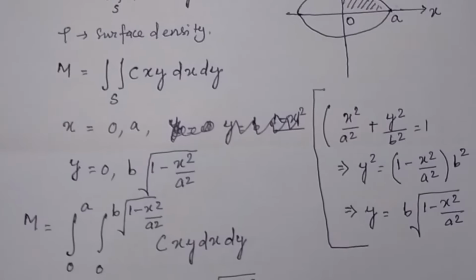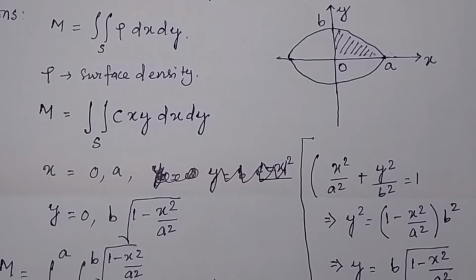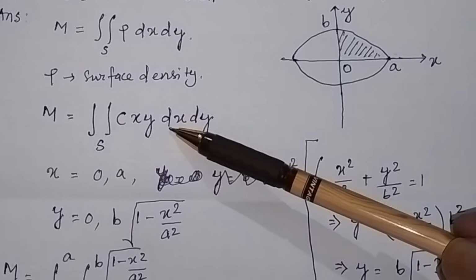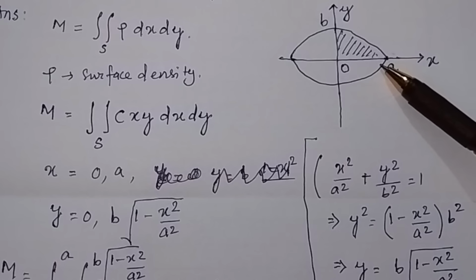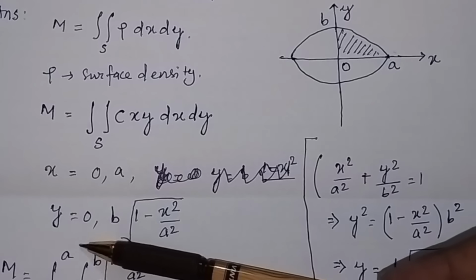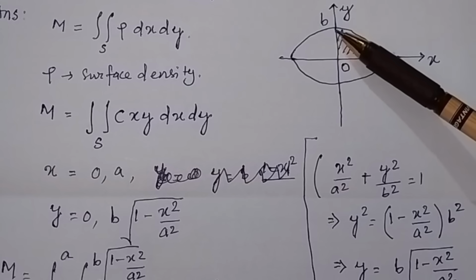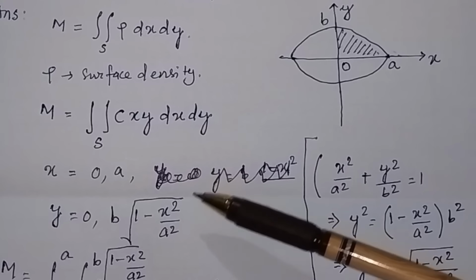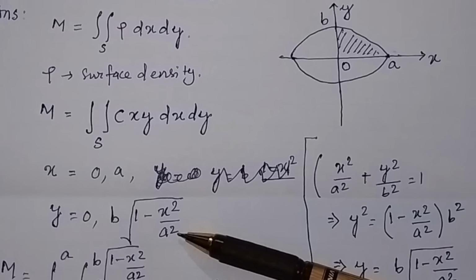So what is the value of x? You see from the figure, it is clear that the limits of integration of x are from 0 to a. Similarly, what are the limits of integration for y? y from 0 to this value, which we convert in terms of x and a.